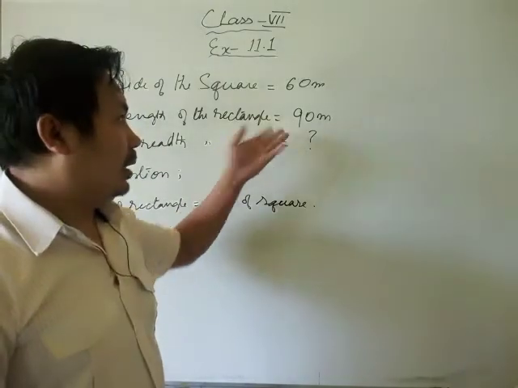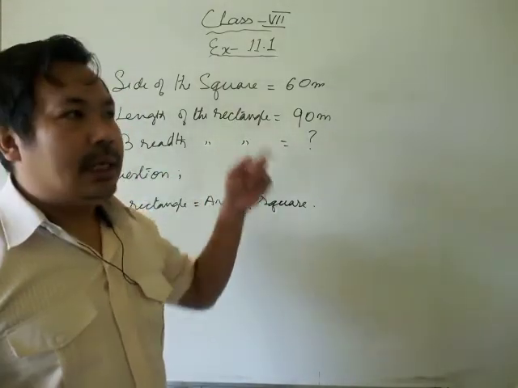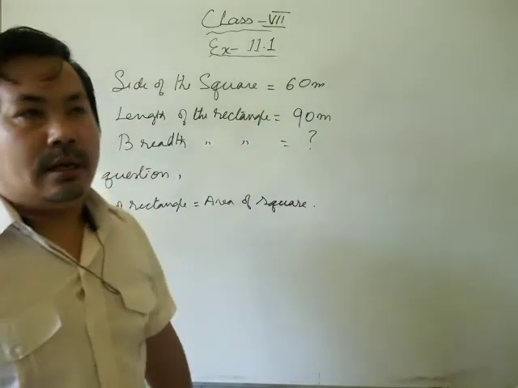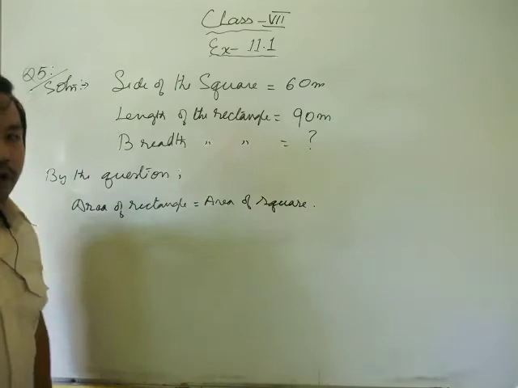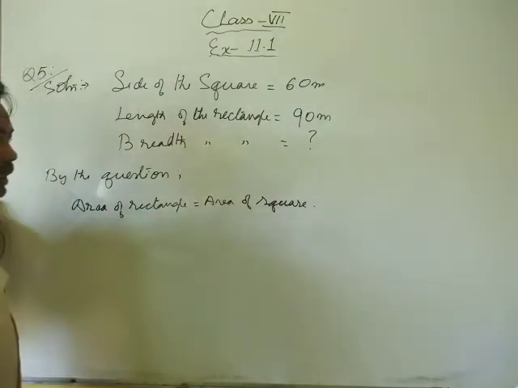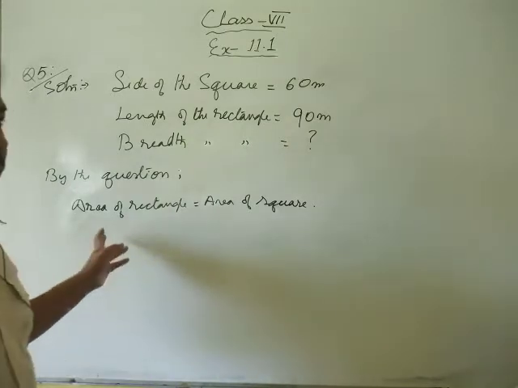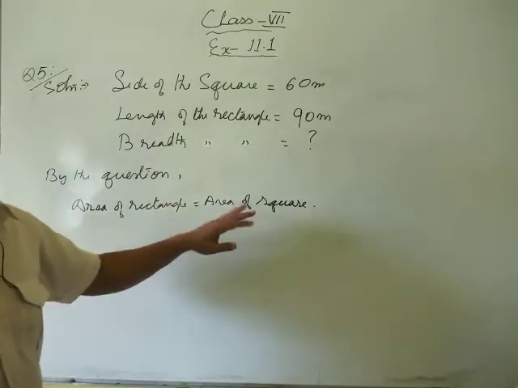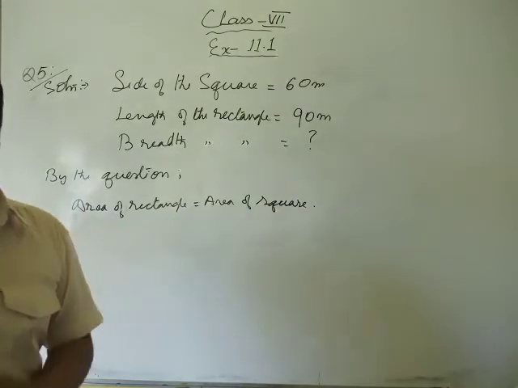But here nothing is given in the question, only the side of the square and the length of the rectangle. But one condition is given in the question, that is, the area of the rectangle is equal to the area of the square.